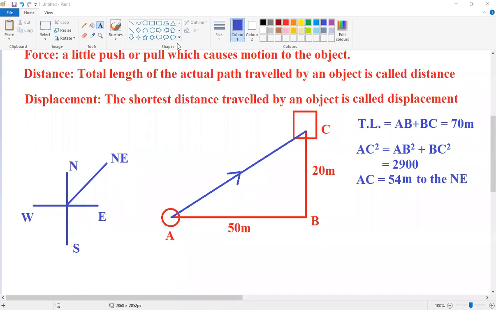Otherwise, if you only say the magnitude, it will be distance. But when we are talking about displacement, we should give a proper direction. Distance and displacement, both terms look the same, but the difference is that distance has only magnitude, about 70 meters, whereas displacement has magnitude as well as direction.